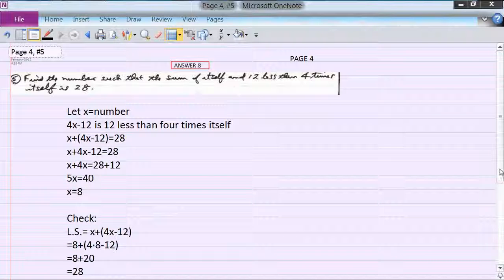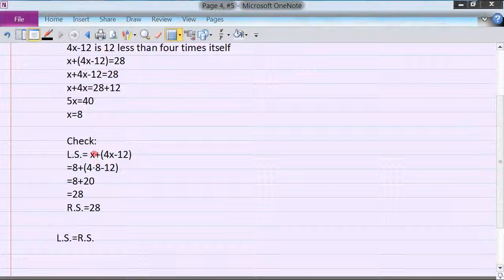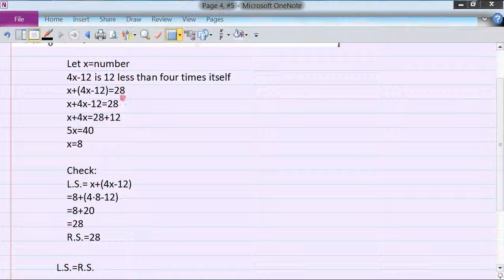Okay, so let's check the left side. This is the number and 4 times the number minus 12. So 8 is the number. 4 times 8 is 32. 32 minus 12 is 20. 8 plus 20 is 28. The right side of the equation is 28.